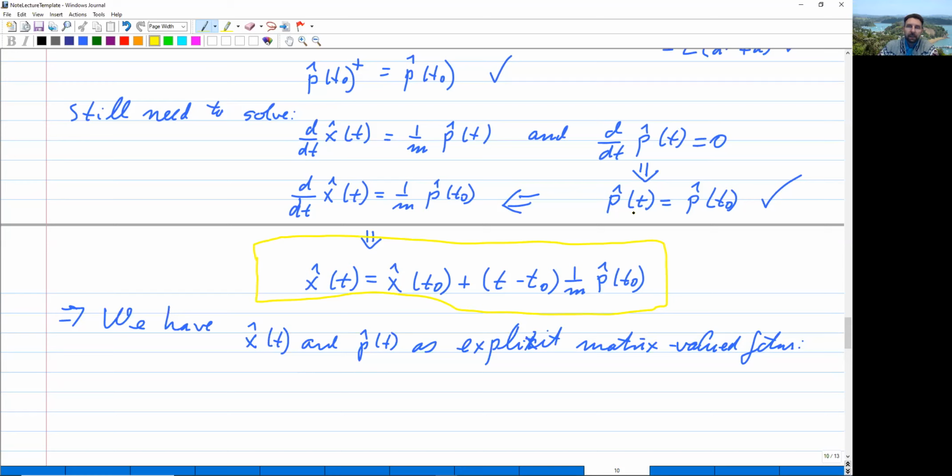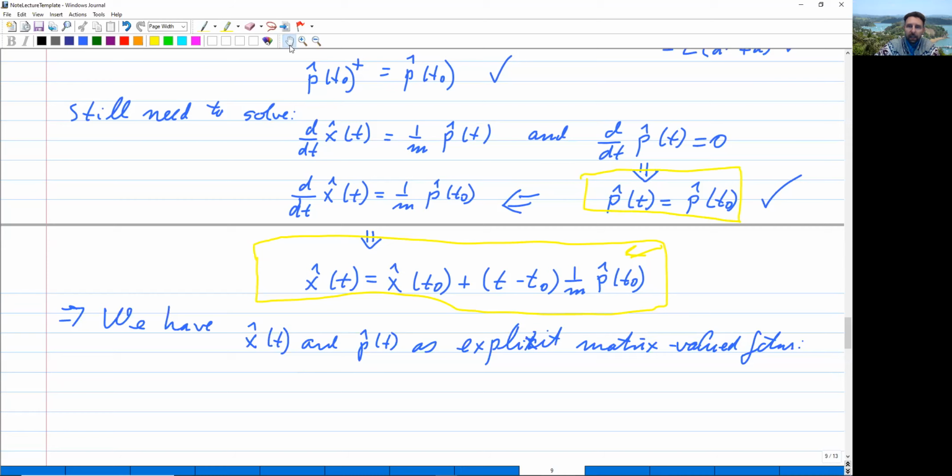And here the p hat of t naught is too. That too is represented explicitly as a matrix in terms of the a and the a daggers, right? And the p hat is an explicit matrix, namely the p hat of t naught, and it doesn't even have time dependence. So what we have is that we, in our hierarchy of abstraction, went down one step.